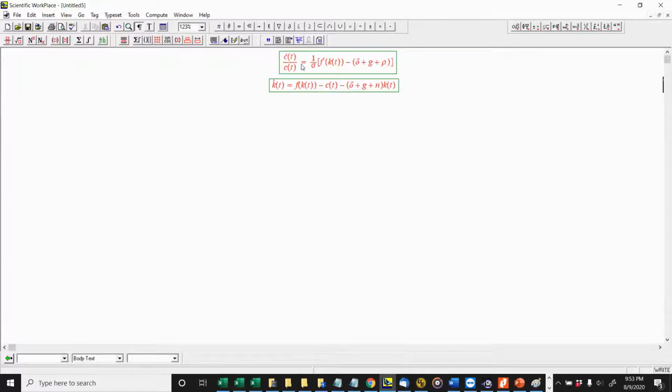Suppose that we set C dot equals to zero. This is going to hold for one and only one value of capital.